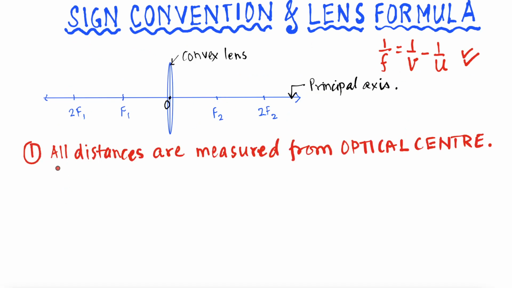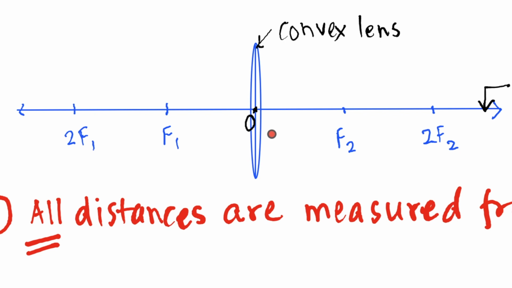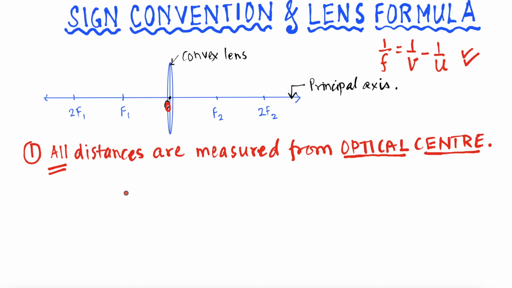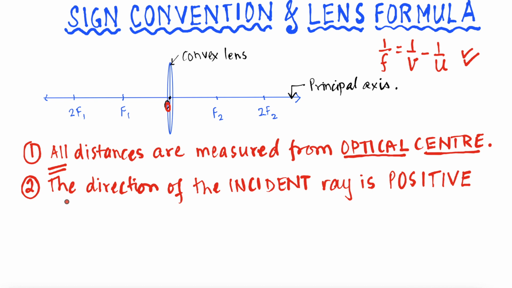Number 1, all distances are measured from optical center. So this is our optical center here. This is where you will start measuring all the distances. Point number 2, the direction of the incident ray is positive.